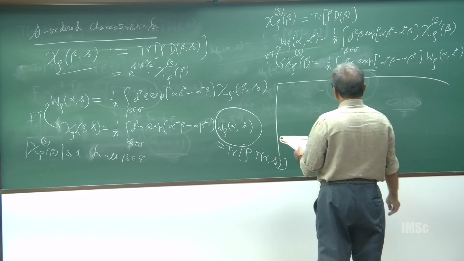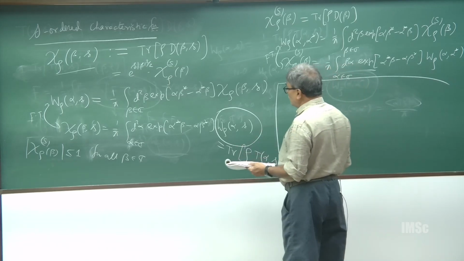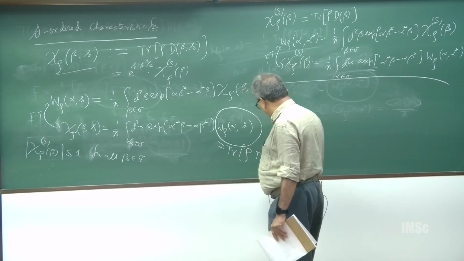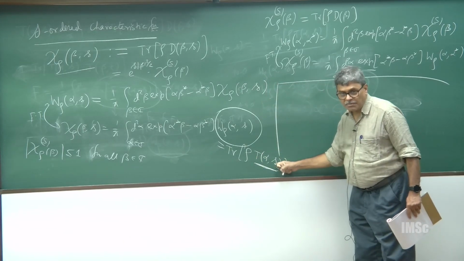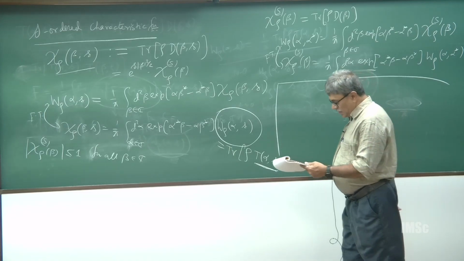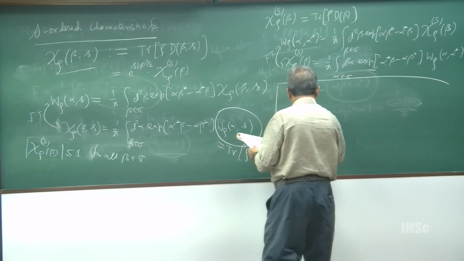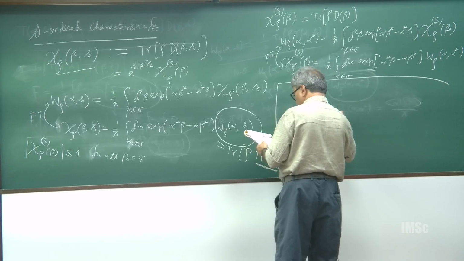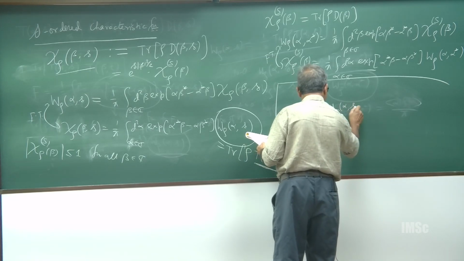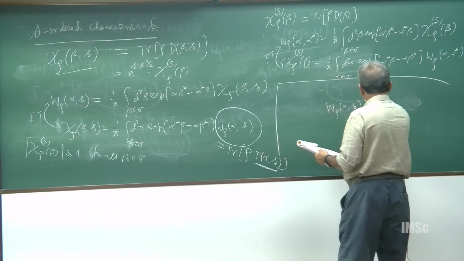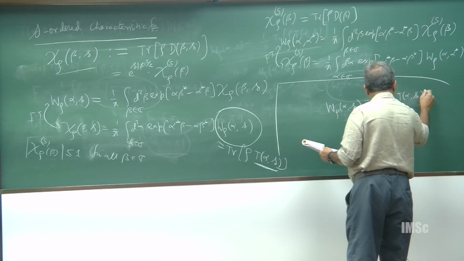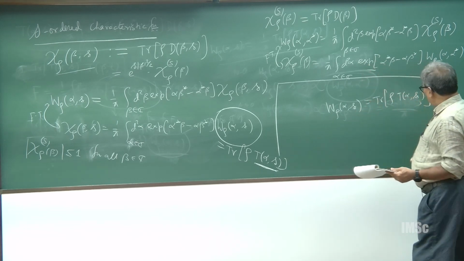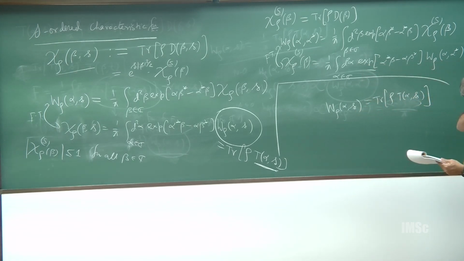So, now if I use the property that this T of alpha s is a density matrix for real s less than or equal to minus 1, then you can show that this W rho of alpha s, which is the trace of rho and T of alpha s. Okay.